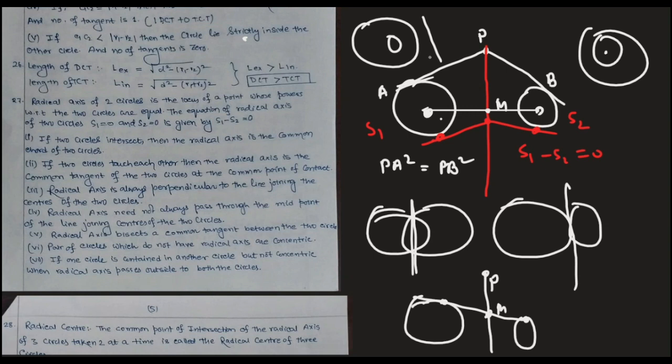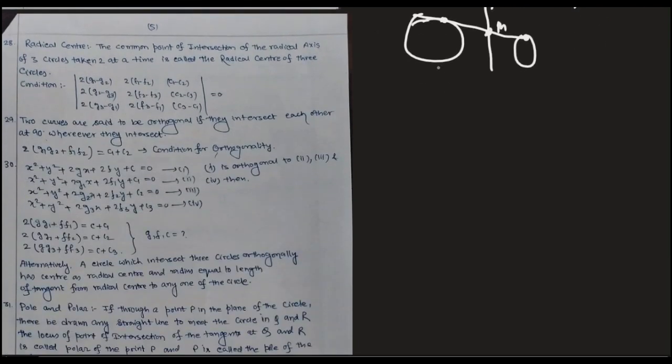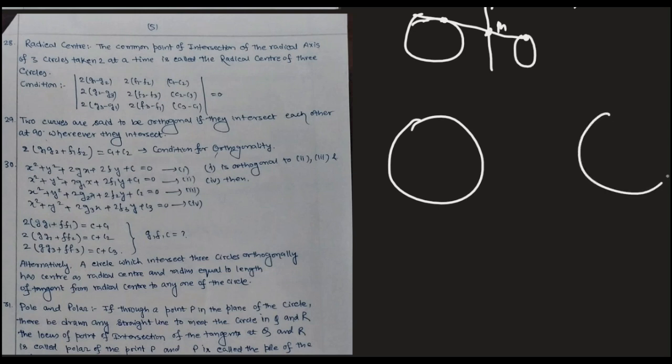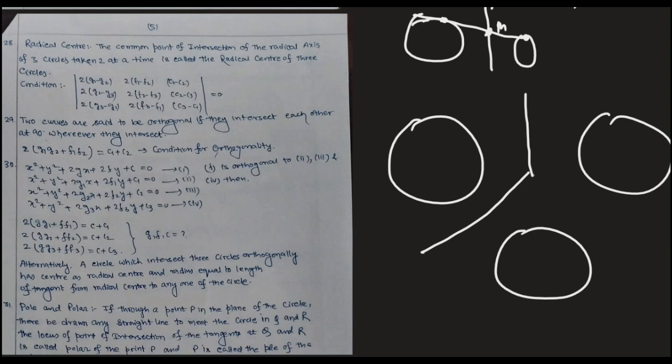Now coming to the radical center. It is the common point of intersection of the radical axes of three circles taken two at a time. So first of all you have to draw the three circles, 1, 2 and 3. Now these two have the radical axis like this one, these two have the radical axis this one, these two have the radical axis this one.